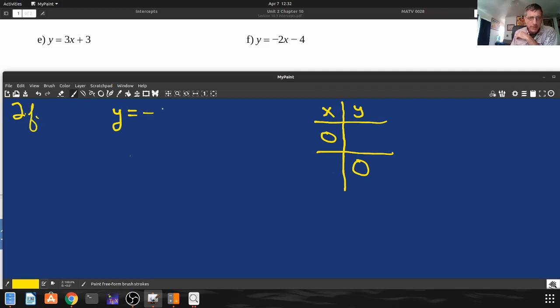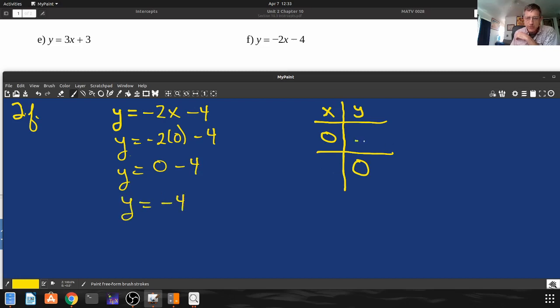Y is equal to minus 2x minus 4. So we're going to set x equal to 0. So it gives me y is equal to minus 2 times 0 minus 4, which is y is equal to 0 minus 4. So y is equal to minus 4.